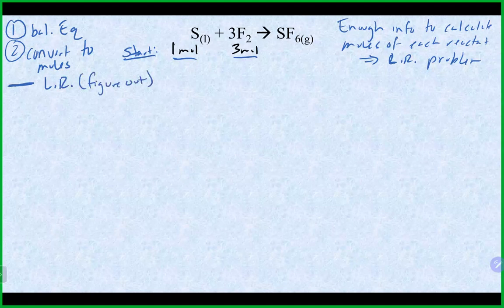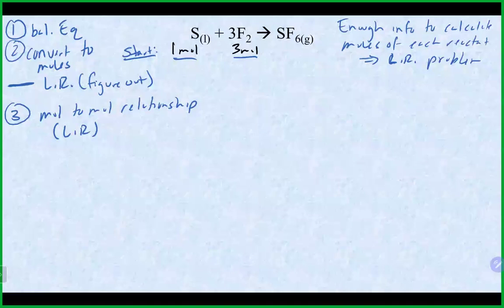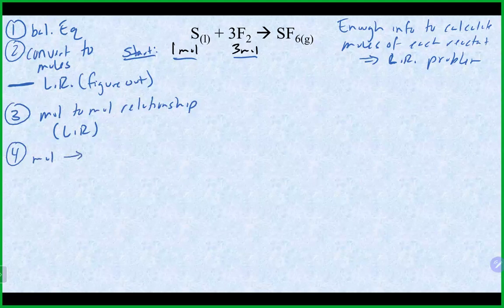Then you could continue on with the same 4 steps, which is do the mole to mole relationship with the limiting reagent. So you always want to make sure you're using the limiting reagent. And lastly, you could do those moles to some other unit. So it's really the same 4 steps, and we will have to do a calculation in the middle of it.